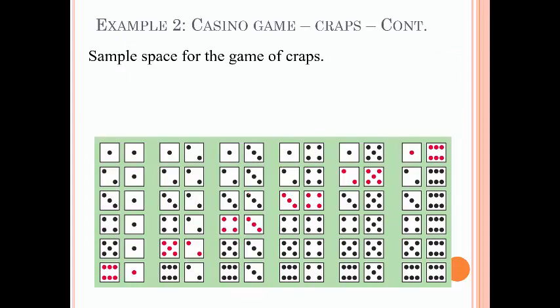We're going to show our outcomes as ordered pairs. So you have your first die, and then you have your second die. Like here, this would be the roll 1-1, which would be the outcome of 2, because you're going to sum the dice.